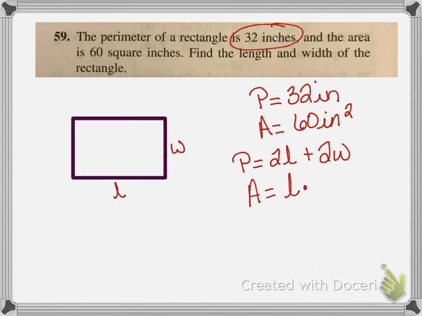So what we've got to do is figure out a way to look at the relationship between the length and the width so that we can figure it out. Okay? So since I'm told that the perimeter is 32 inches and that the area is 60 inches, I'm going to go ahead and write that in. So I'm going to erase the area and the perimeter. My perimeter is 32 inches and my area is 60.